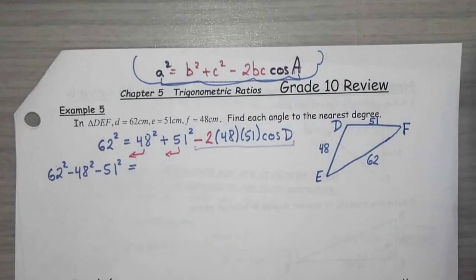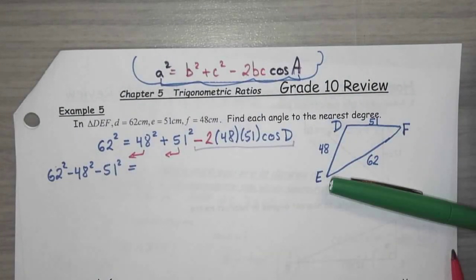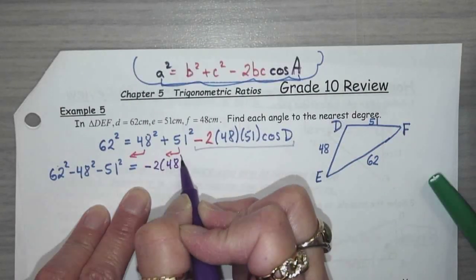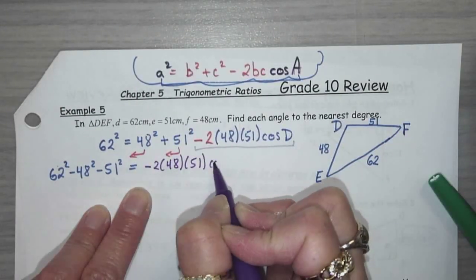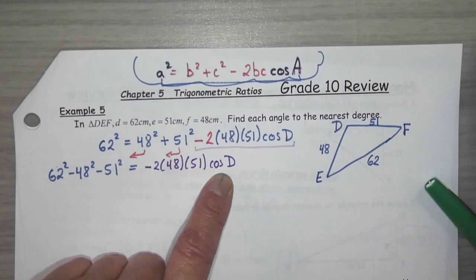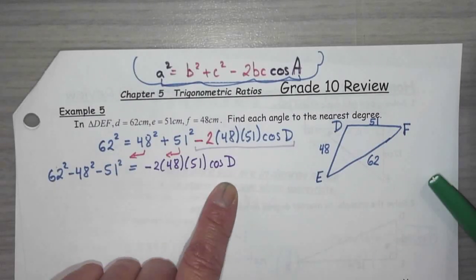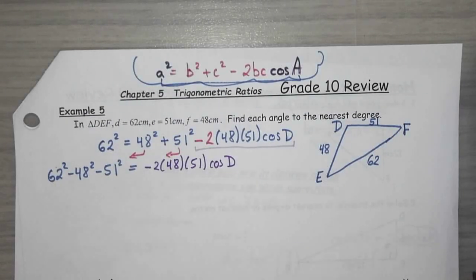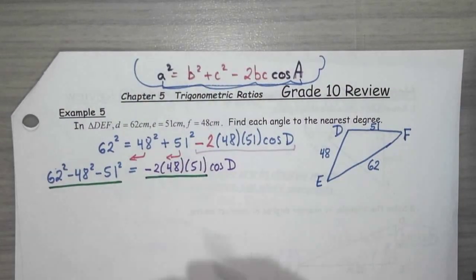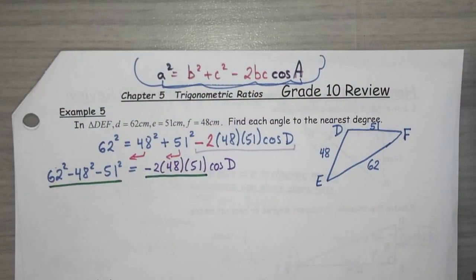So I'll do negative 2, 48, 51, cos D, like that. I want cos D by itself, so I divide both sides. I do this all in one step. I still haven't touched my calculator yet, and I'm going to show you on the calculator how to do it.